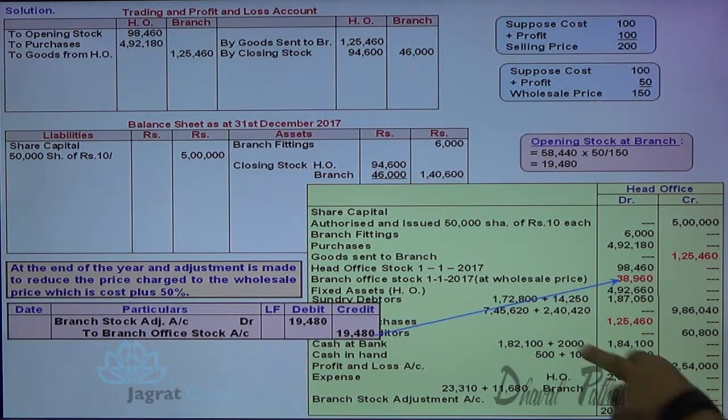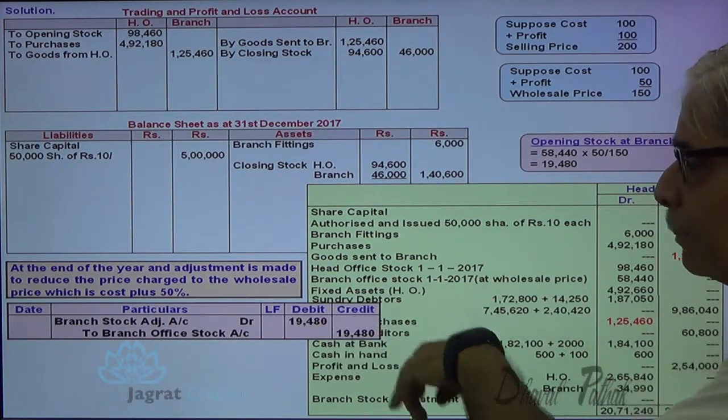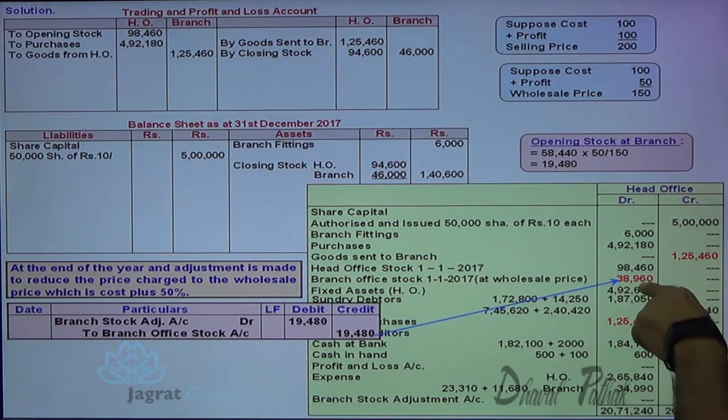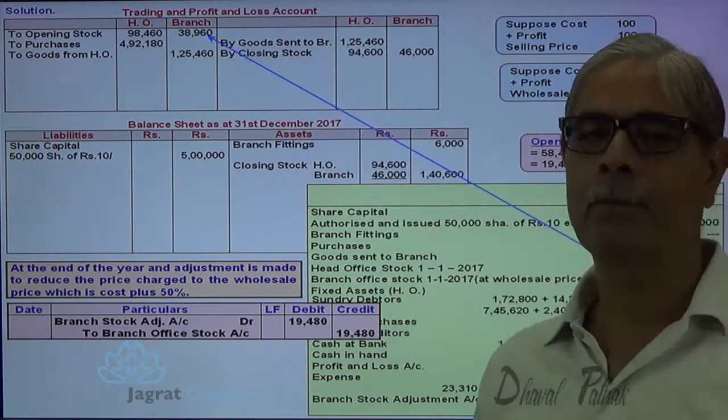And here the stock which was valued at 58,440, to that you are required to deduct the profit element. So profit element is deducted. So cost of stock of branch is 38,960, and this 38,960 will appear on the debit side of branch trading account.